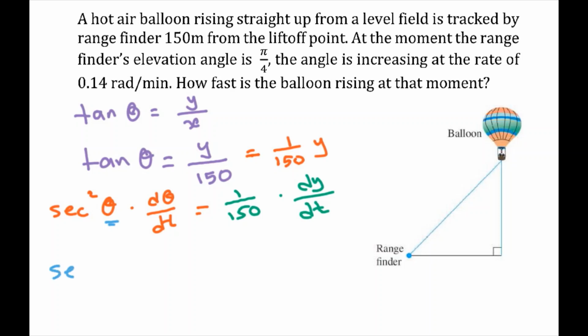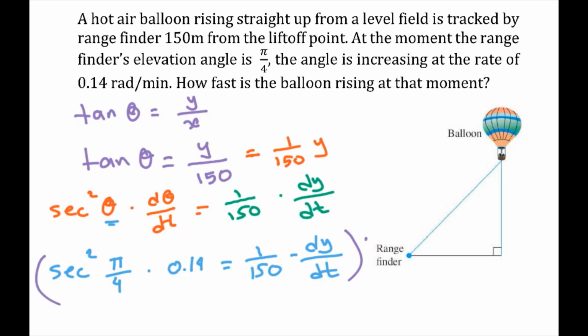So secant squared of pi over 4, multiplied by d theta over dt, which is 0.14, equals 1 over 150 times dy over dt. Now, by using the calculator or by multiplying everything by 150, this will cross out and 150 will come to this side.